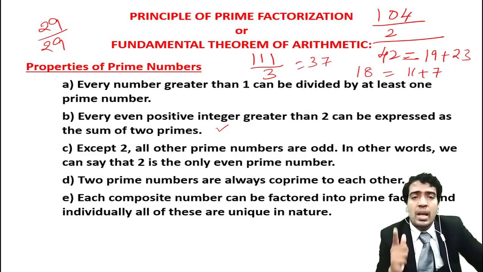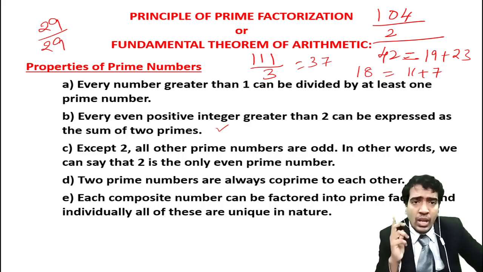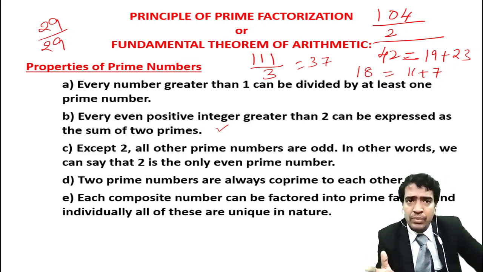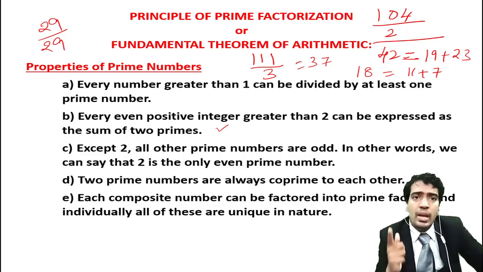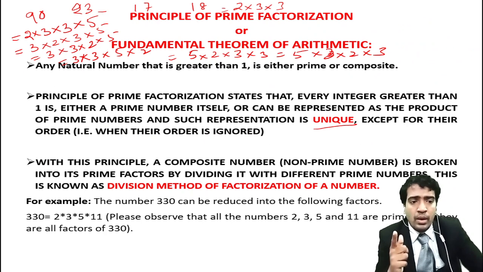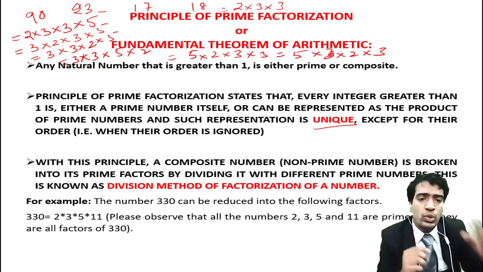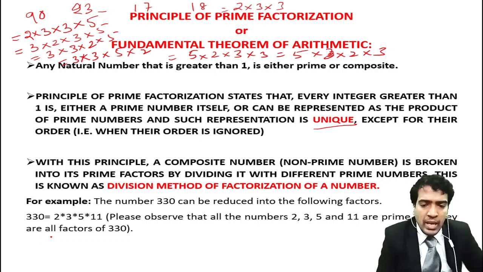It says that every integer greater than 1 is either a prime number itself, or it can be represented as a product of prime numbers, and such representation is unique. Let us now take the example of 0.